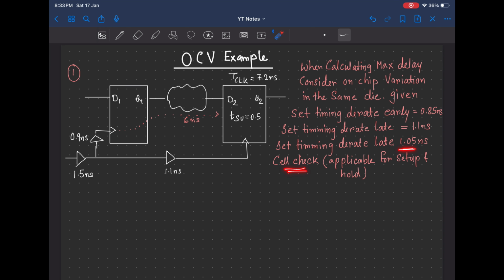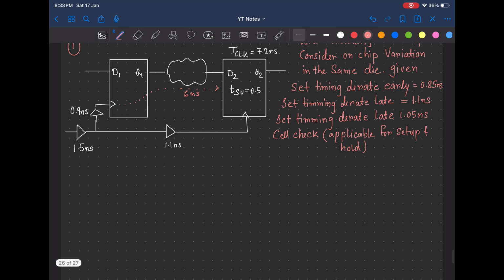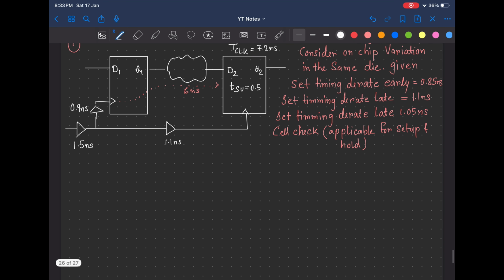Okay, let's start with the calculation. First we calculate the launch clock path plus the maximum data path. This is the launch clock path and this is the data path.